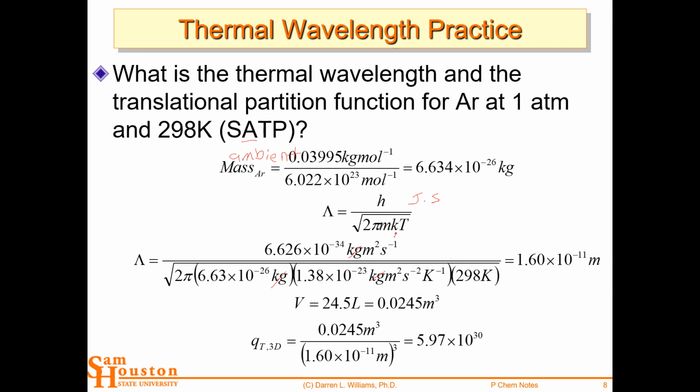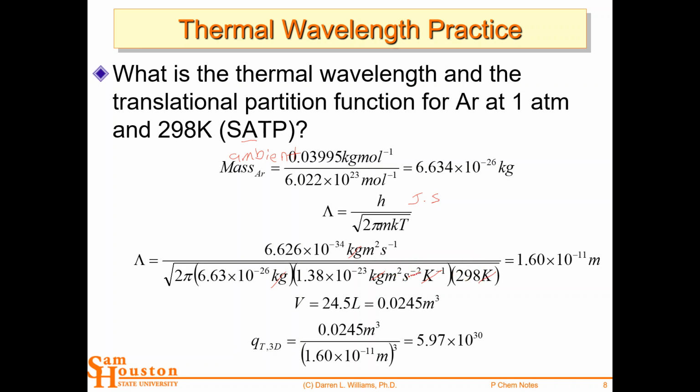Yes, Boltzmann's constant. It's joules per Kelvin, and so this is a joule here, kilogram meter squared per second squared. That's a joule per Kelvin. So here's the Kelvin to the -1. So that's Boltzmann's constant. And so then I have temperature in the bottom, so the temperatures are gone.